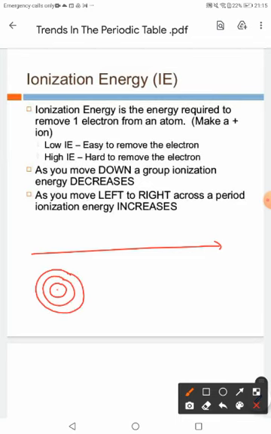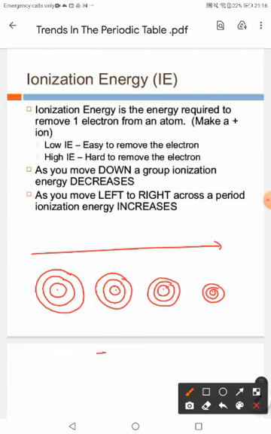As we move from left to right, the shells will remain 3, but due to the increased number of protons and electrons, the force of attraction will be larger, which will pull electrons more strongly, and it results in the decrease in size. So as the atomic size is decreasing along a row, it is difficult to remove an electron.